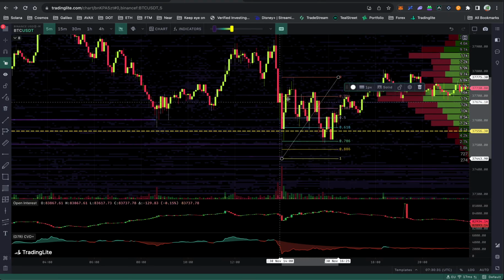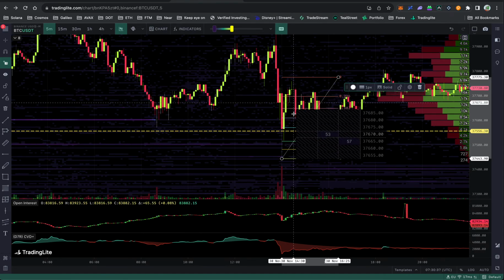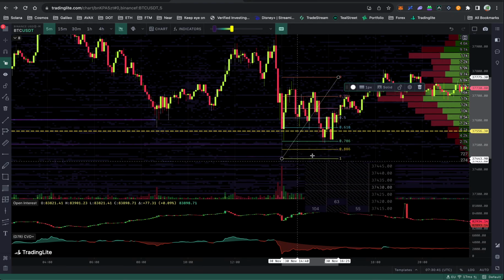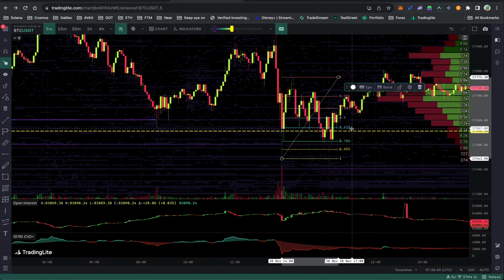This is what I call market structure after the potential swing failure pattern, because it hasn't played out yet.